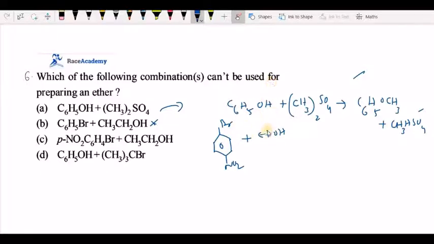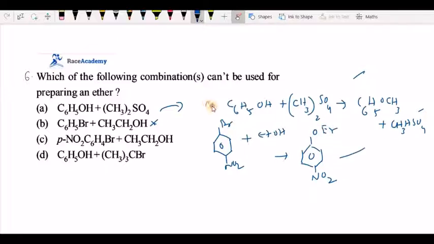So definitely, if you treat this one with ethyl alcohol, there is a possibility of formation of ether here, as the ethoxy group is a stronger nucleophile than Br. Br is a good leaving group. So you can write this is the ether.